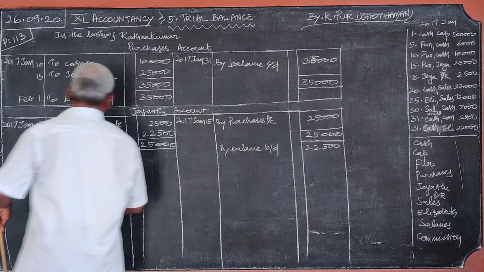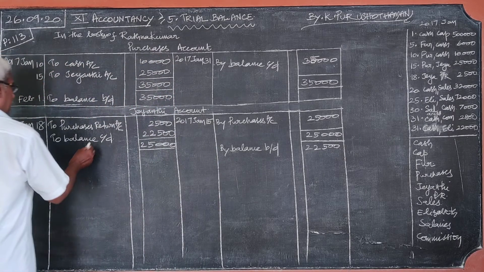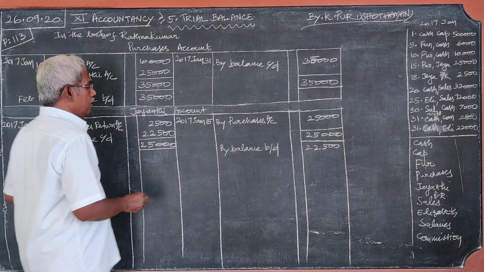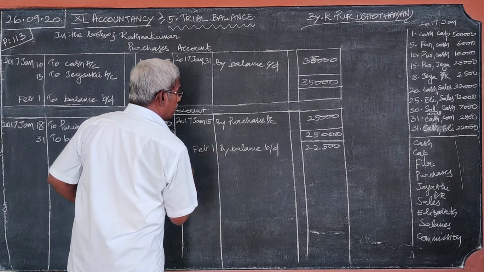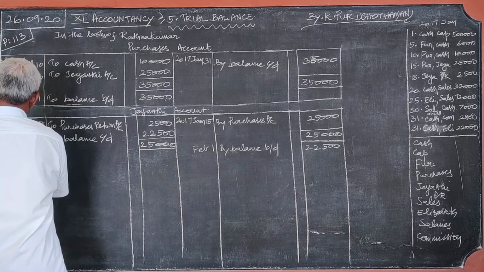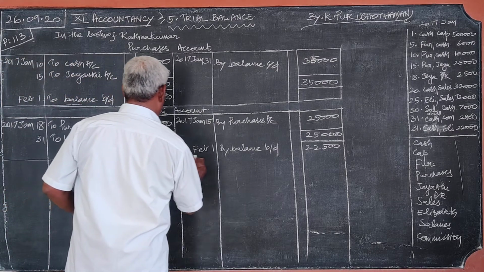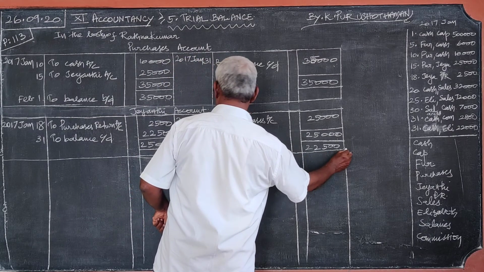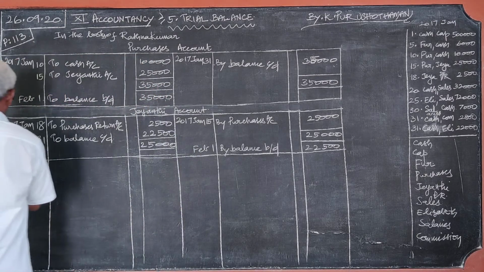Before we close this ledger, we should write the date for carried down, the last date of the month, and for brought down, February, the next month's first date. We can close the ledger now. Then, next ledger.